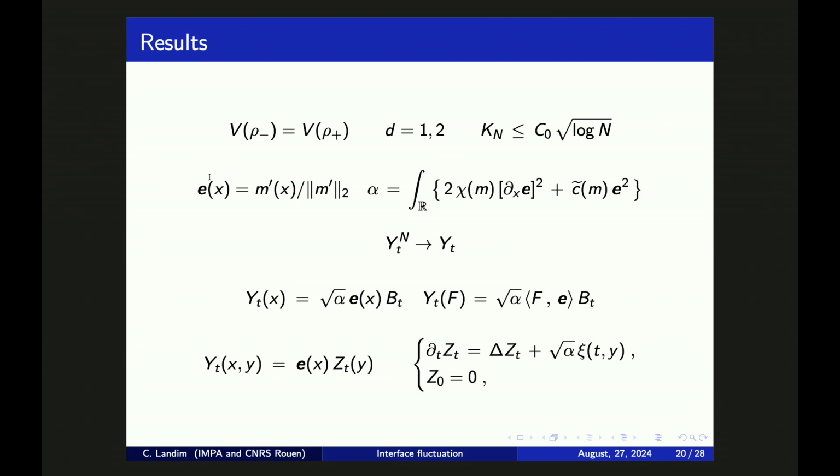And what we can show is that this density field is converging to a field Yt, which is, in dimension 1, your standing wave, and you have a fluctuation around this standing wave. And how is the fluctuation? Well, it's given by the derivative of the standing wave times the Brownian motion.